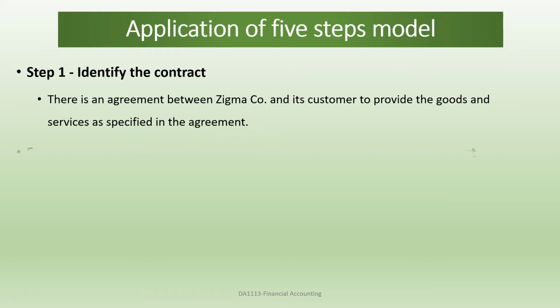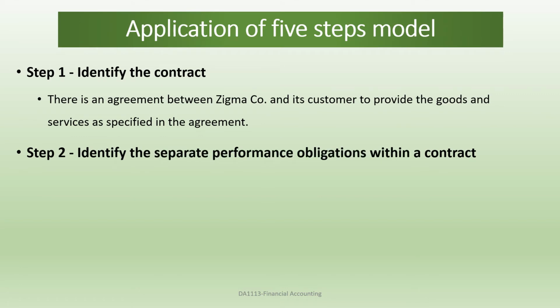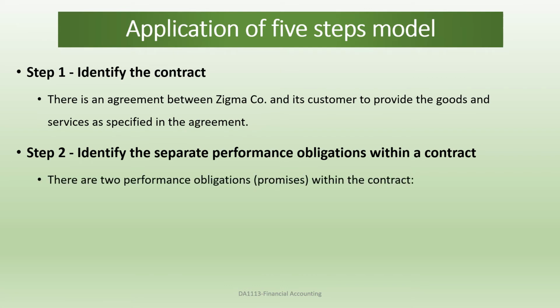Then in step number 2, we identify the separate performance obligations. According to the example, there are 2 performance obligations within the contract. One is the sale of the air conditioner and the other is the sale of maintenance services.